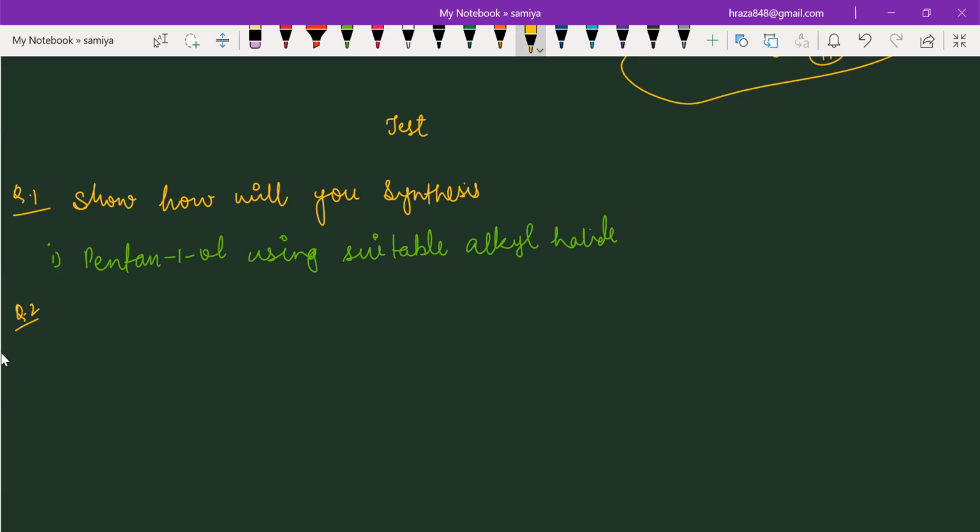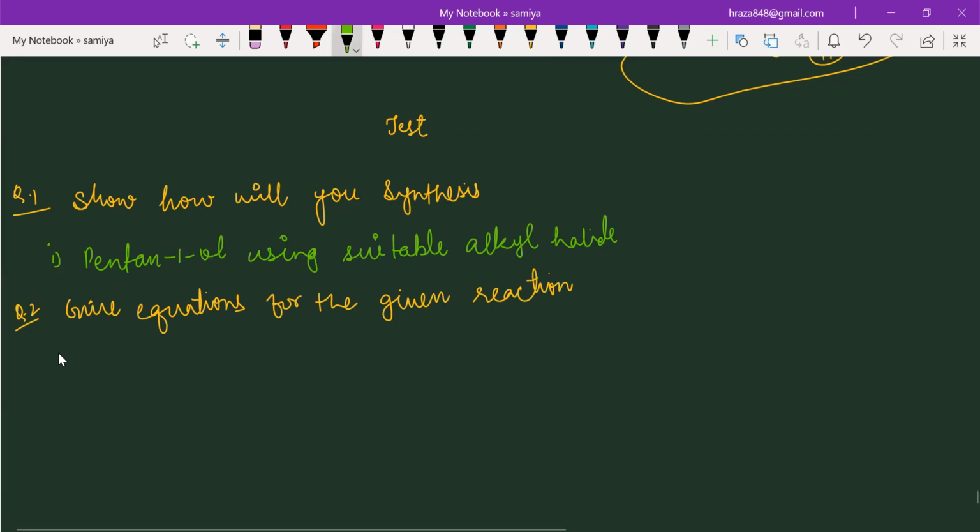Question number 2. Give the equation for the given reaction. Please write the question with me.